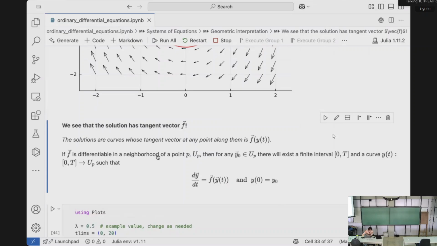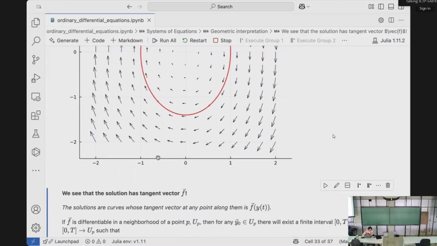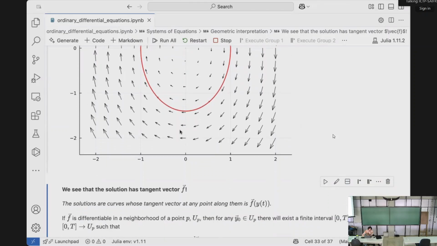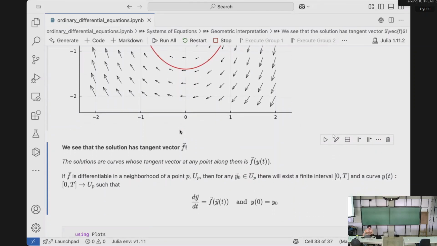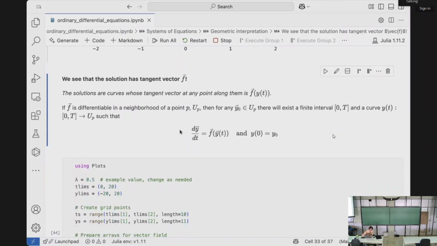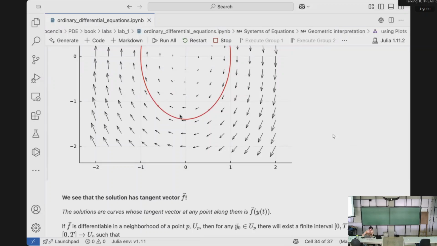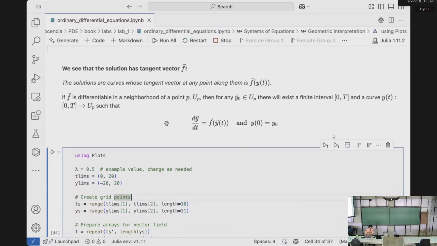The solutions that we have are curves that are tangent to this field, and the methods that we have are always trying to navigate this field. If you see this, maybe the midpoint method or Runge-Kutta method will be easier to visualize, to understand at least the idea of what's going on, right?